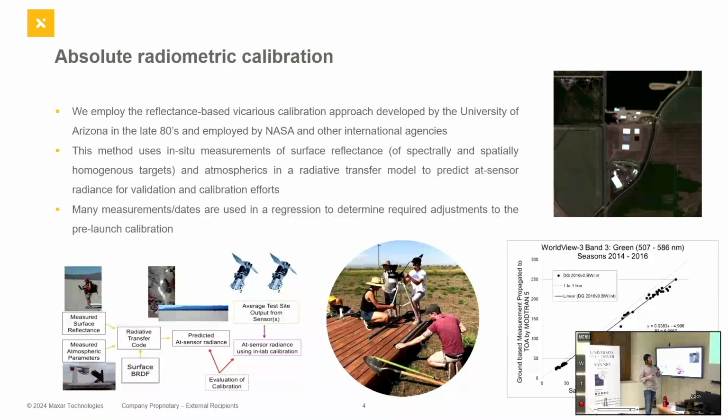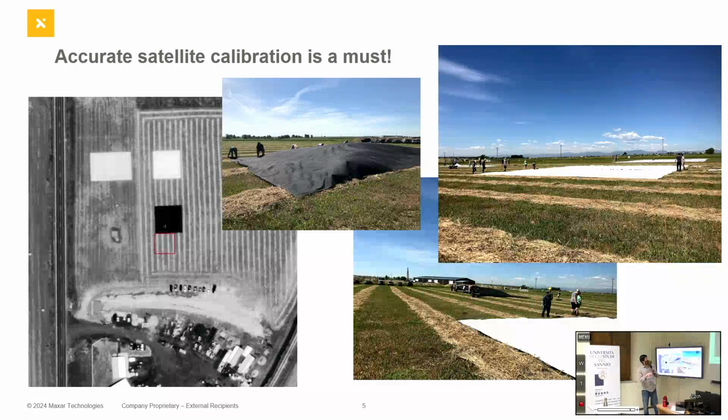So, satellite calibration. For the color part, for the spectral part, how do we do that? It's relatively easy. We have big tarps. Those are just plastic tarps. And they're calibrated. These are 52%, and these are 3% targets.